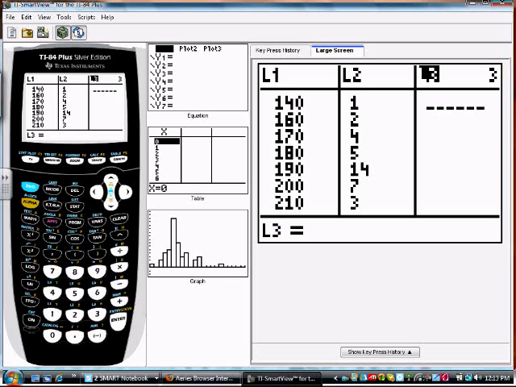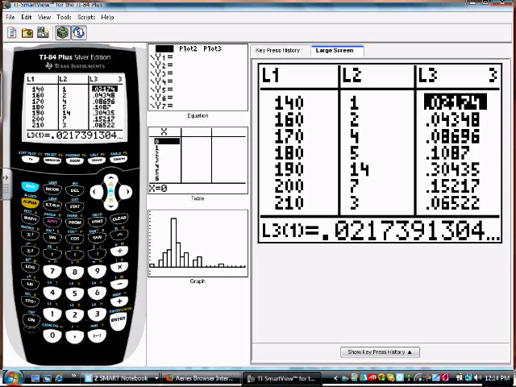So arrow up to the top of list 3. That's where you can put in a formula for list 3. We want every number from list 2, divide that by 46 and hit enter. And voila, it has done the work for us.